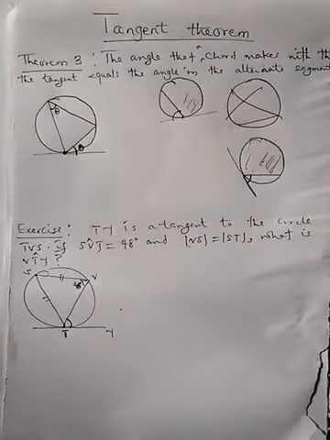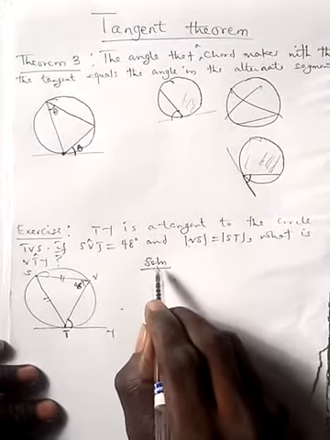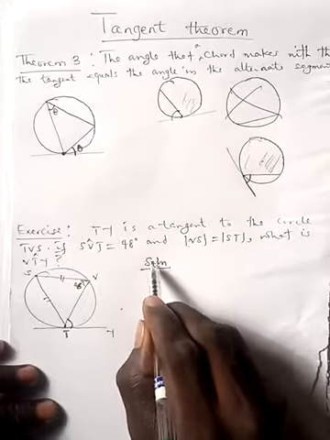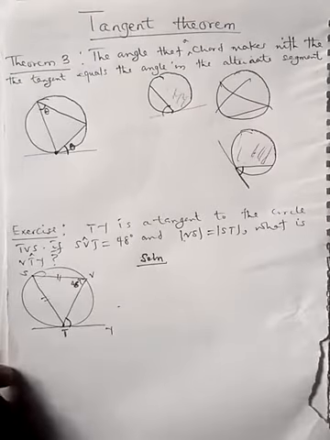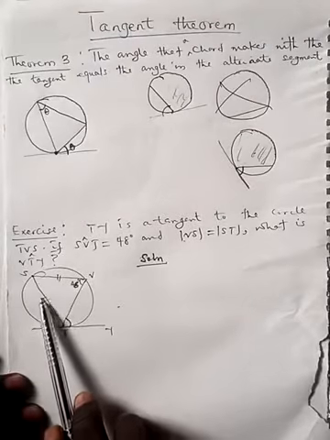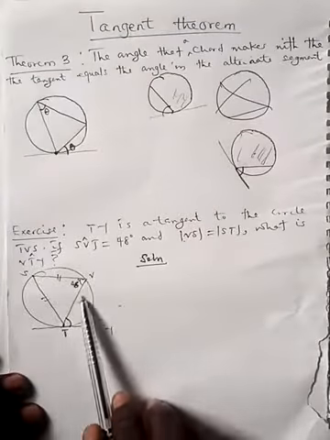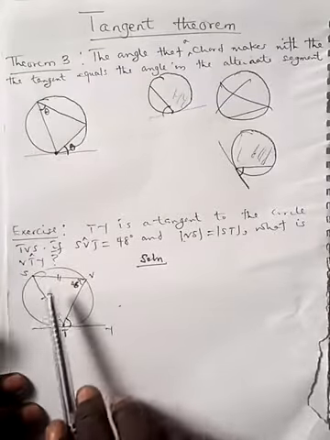The one thing about circle geometry is that you need to think radically. There are several ways of doing it, so the method I'm about to use might not be the only one. But based on what I can see now, we know that this is an isosceles triangle, because two sides of this triangle are equal.